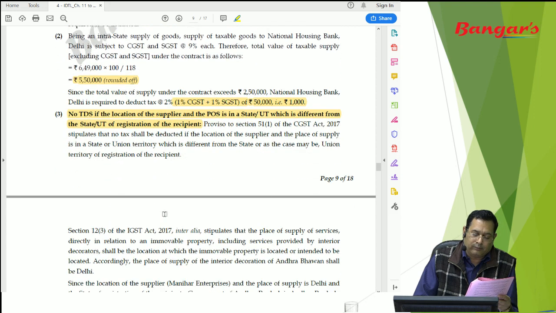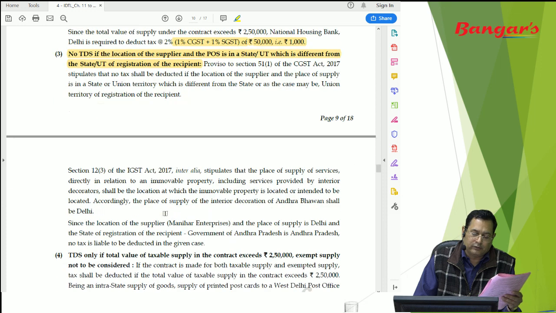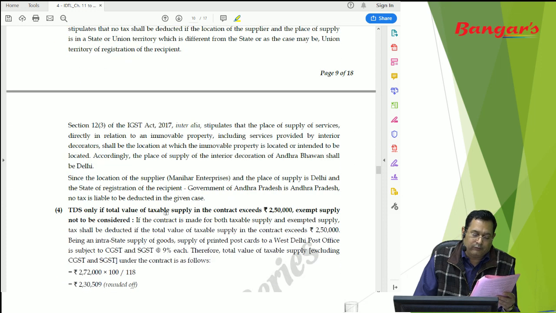Then the fourth one is supply of printed books and printed postcards to West Delhi Post Office, out of a total contract value of 9,72,000. The contract value for supply of books exempt from GST is 7 lakhs and the value of printed postcards is 2,72,000.